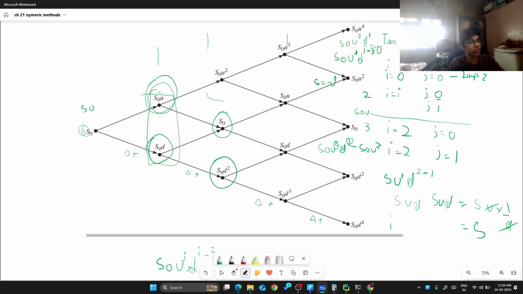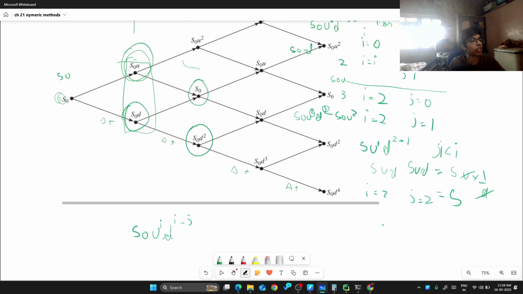And if i equal to 2, j is equal to 2, then the loop will terminate, because our second condition was j should not be greater than i.